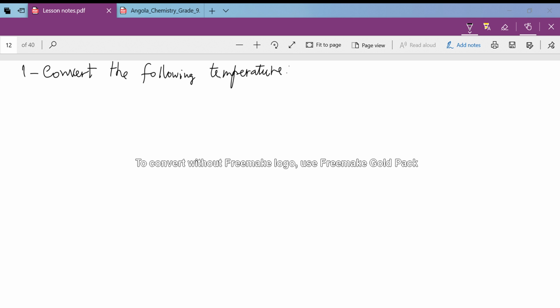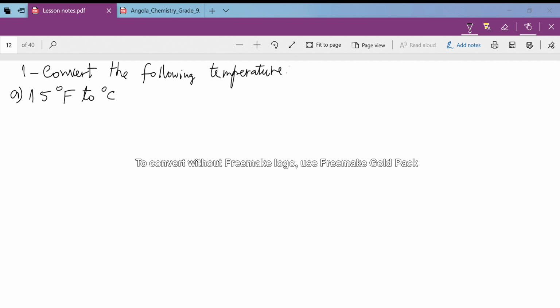A will be 15 degrees Fahrenheit to degrees Celsius. Okay, this is the first example. So we have 15 degrees Fahrenheit that has to be converted to degrees Celsius.